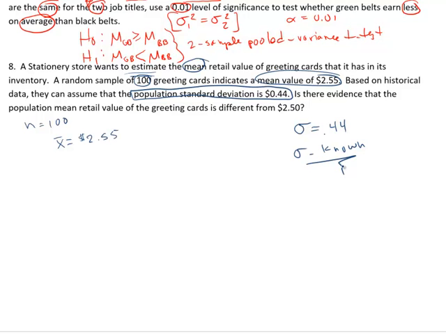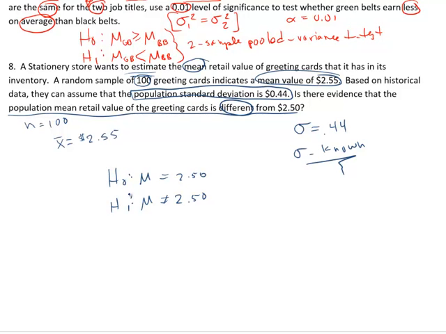But let's read on. It says, is there evidence that the population mean retail value of greeting cards is different from 250? So for reading that, we know that we're going to be testing the mean. Different means equals and not equals, and it's compared to 250. And so there's my H0 and my H1.